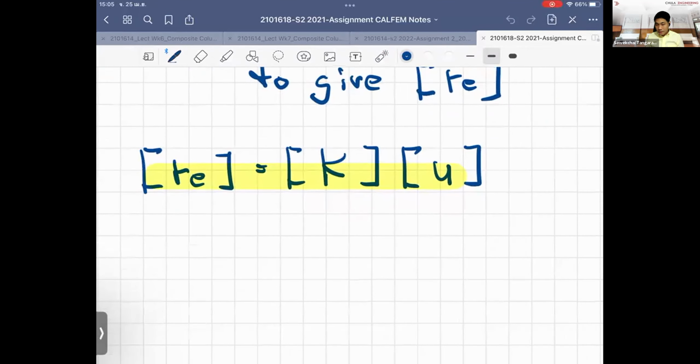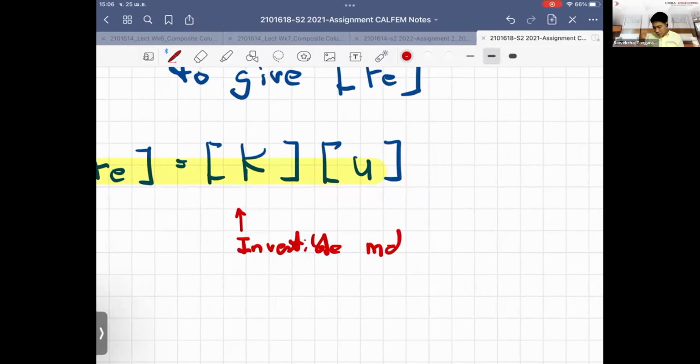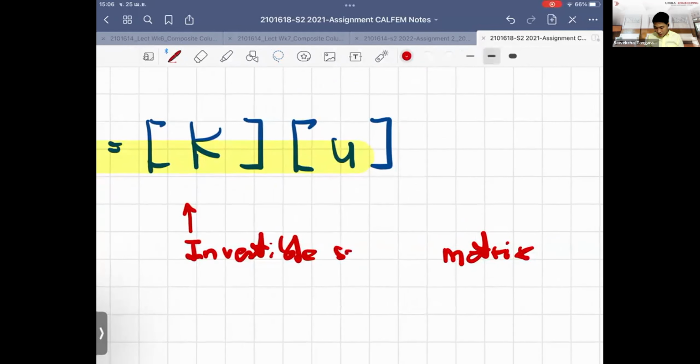If the K matrix can be invertible, if you can have an invertible matrix, which of course has to be a symmetric matrix, right? You always have a symmetry.